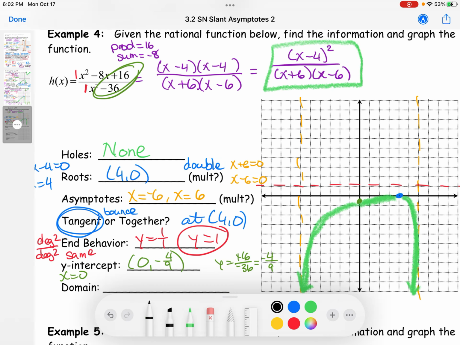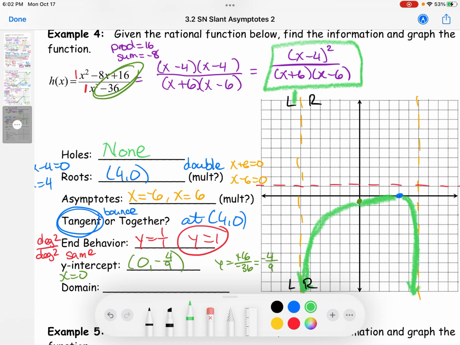Now, to find the pieces on the left and right, we have no points, just boundaries, asymptotes, but we do know there is no sign change. So on this asymptote at x equals -6, left side, right side: that right side is going down.